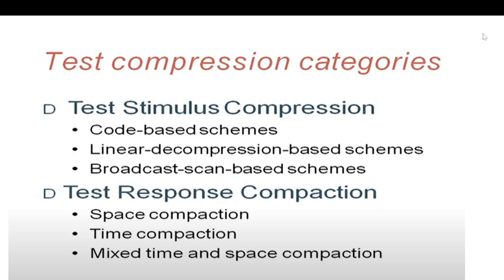So test compression categories. Test stimulus compression: we have code based, linear decompression based scheme, and broadcast scan based scheme. Test response compression. So stimulus is with respect to the input patterns, and response is with respect to the output patterns.